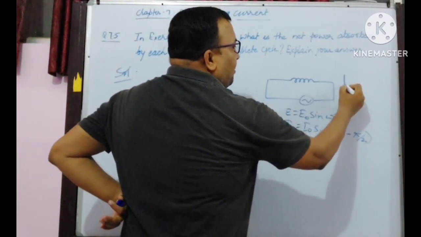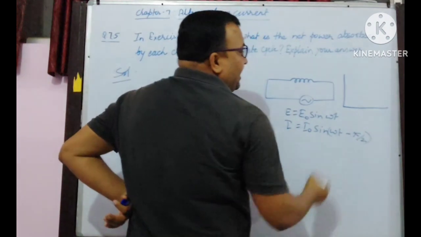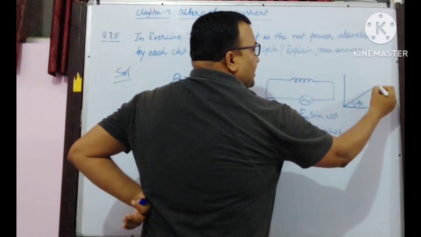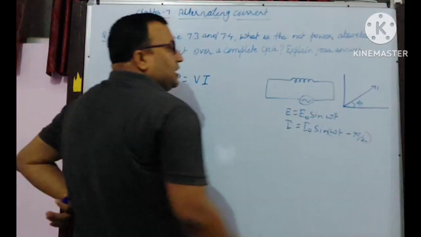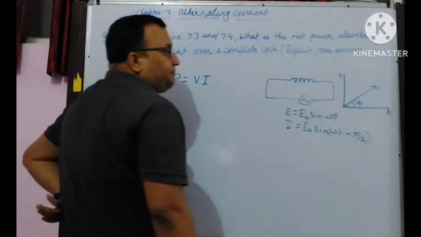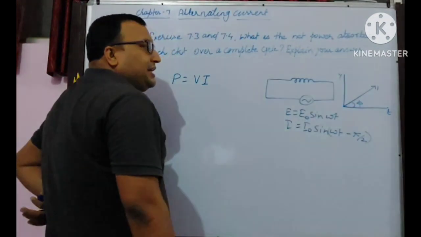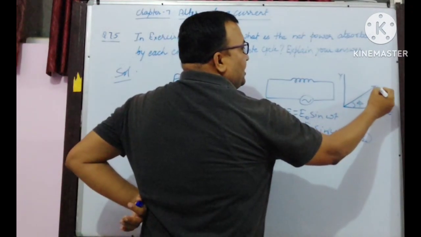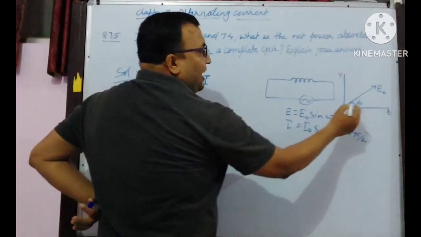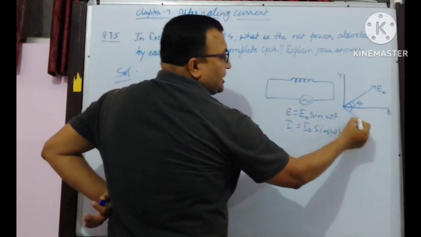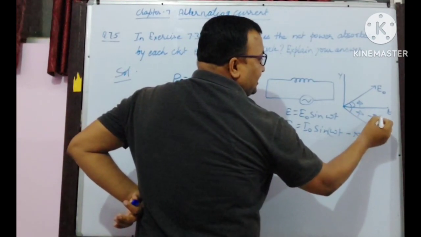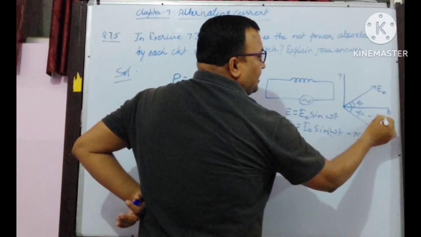You have an idea about the graph, with the angle on one axis and t on the other. This is the phasor diagram. This one gives the value of E0, and the value of I0 comes like that, at minus 90 degrees, or you can say pi by 2.